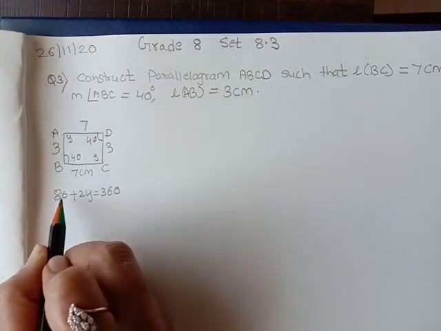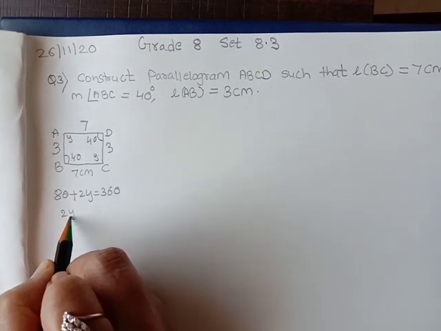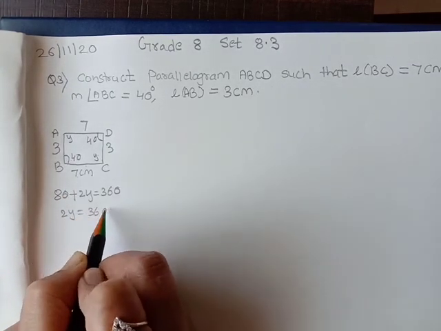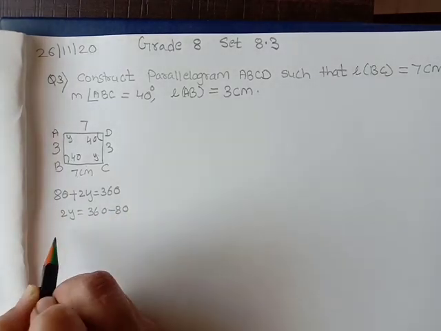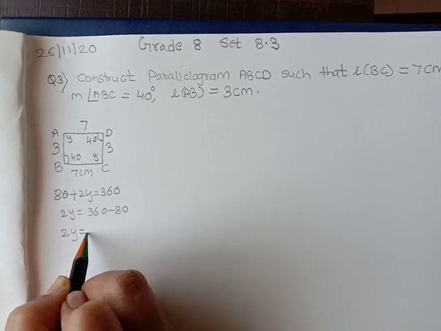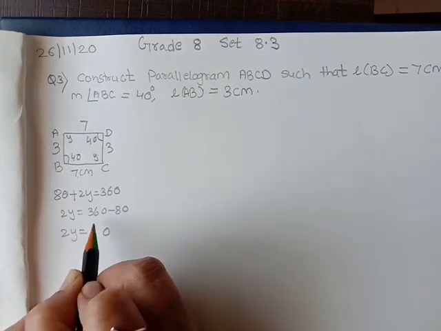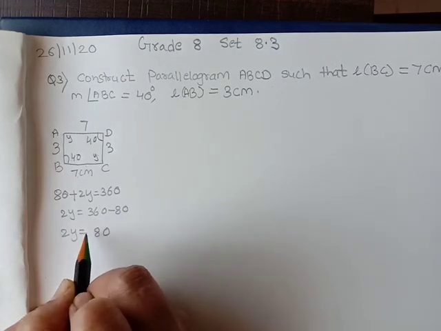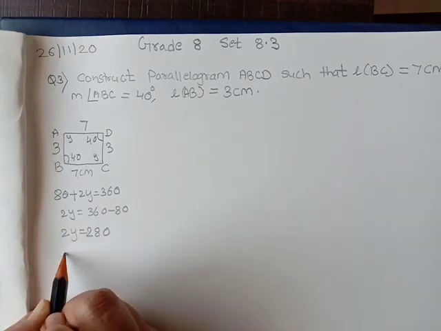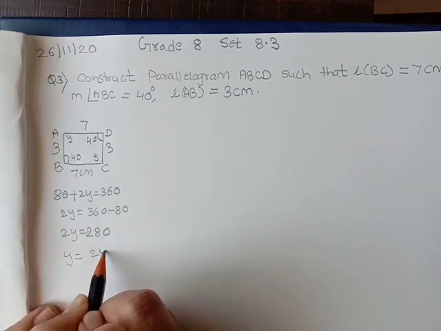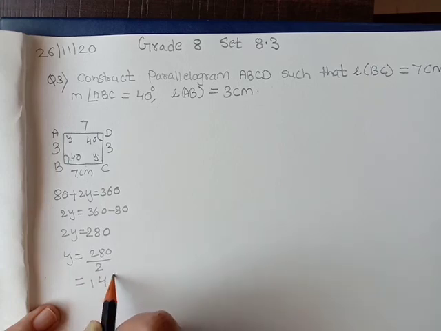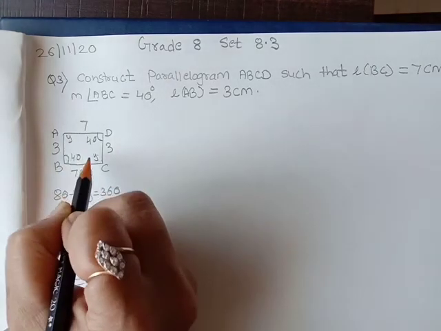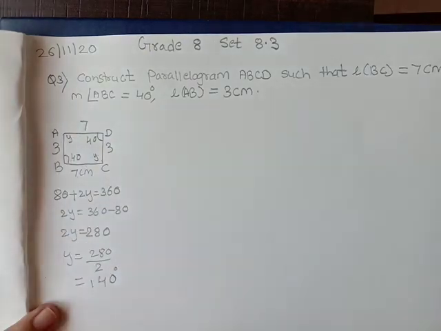So 2Y will be equal to 360 minus 80, which is 280. So Y will be equal to 280 upon 2, which is equal to 140 degrees. So this is also 140 and this is also 140.